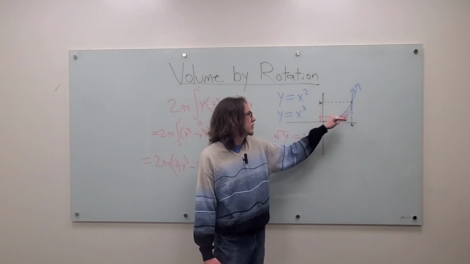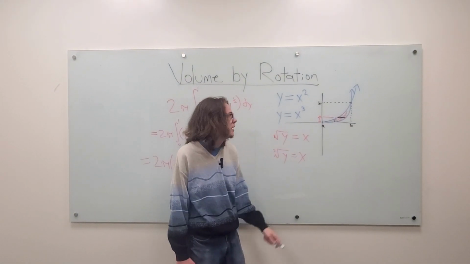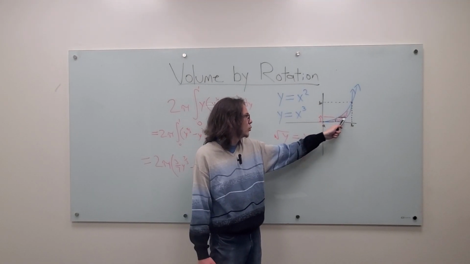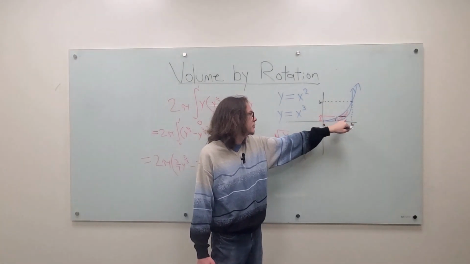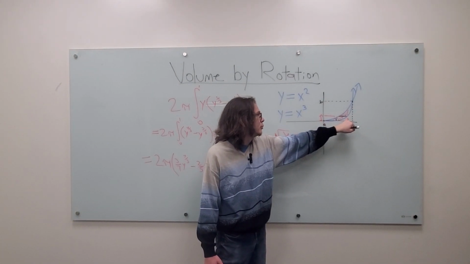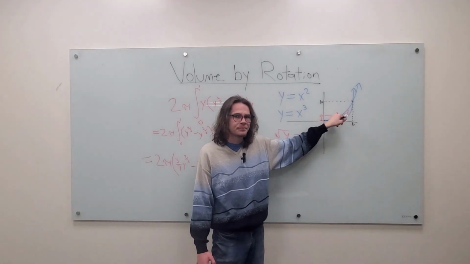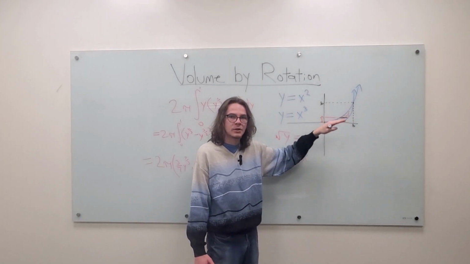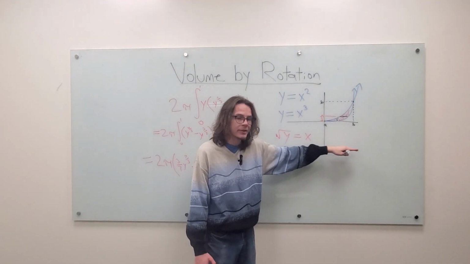So if you're using rectangles parallel to the axis that you're rotating, like in this problem we just did, we used this infinitely thin slice, right? The difference between cube root y and square root y. The difference between those in that slice is parallel to the x-axis. So we use the shell method.